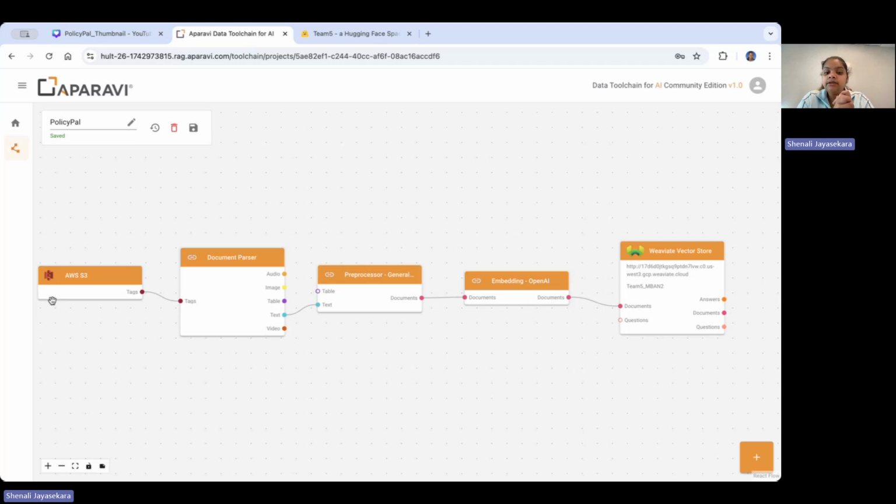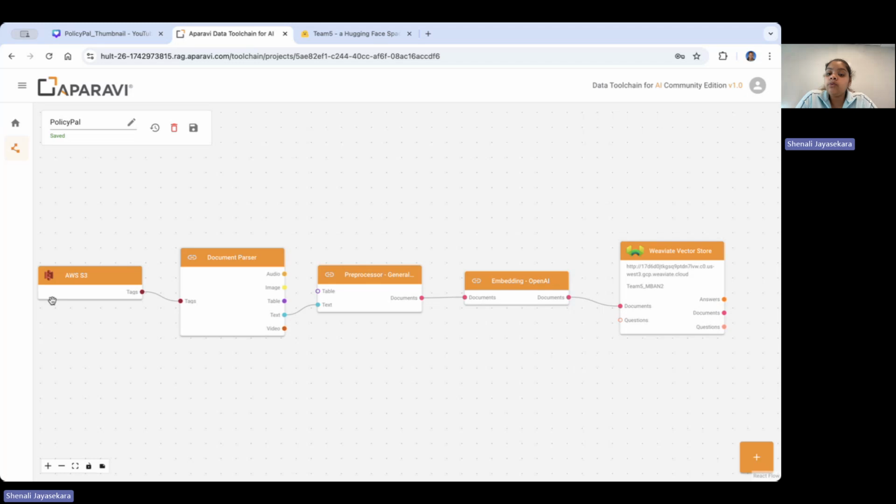After the data was cleaned through the preprocessor, we used the OpenAI embedding model to integrate OpenAI into our system, and finally used Viviet to store our collections. We were also able to host our AI chatbot through the Viviet Hugging Face system.